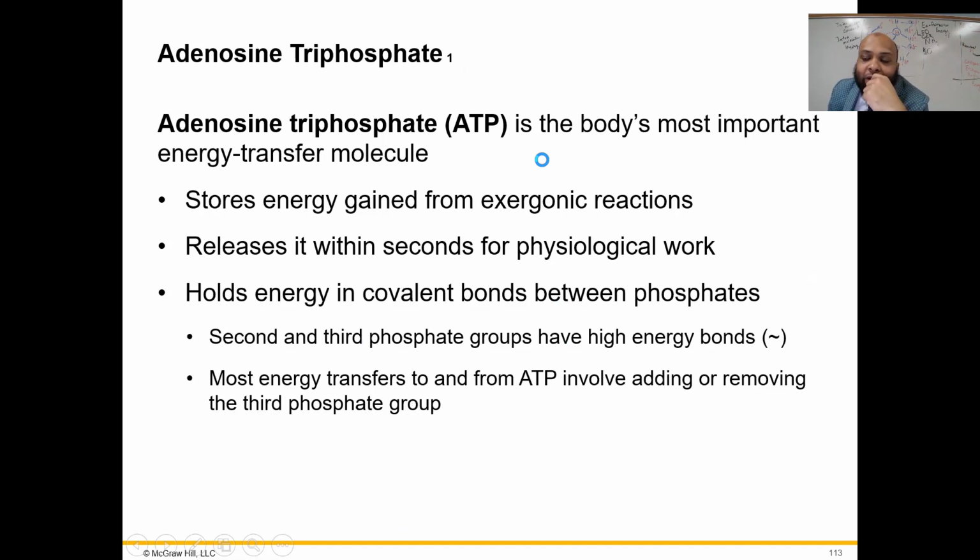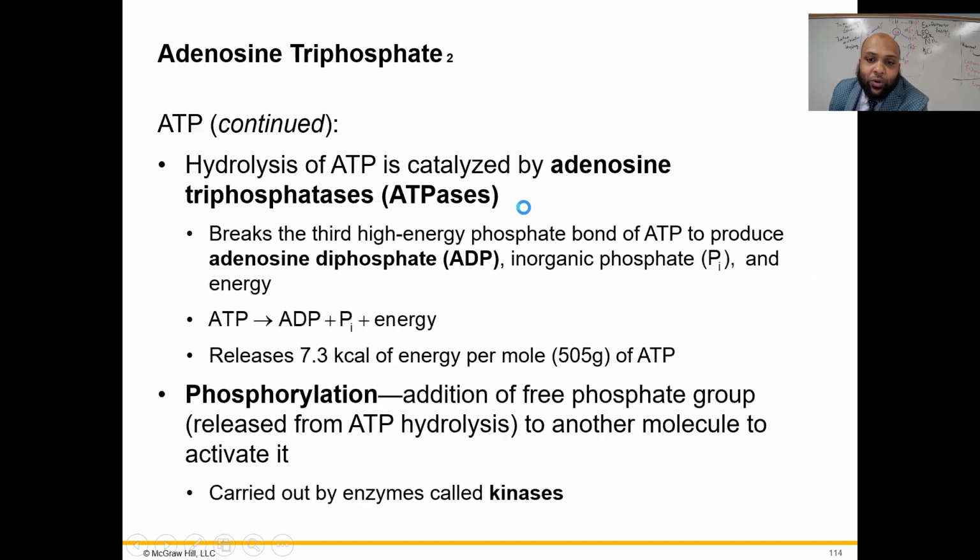So adenosine triphosphate is the body's most important energy transfer molecule. ATP is important because it provides the phosphate group for kinases. Kinases perform the activation of other enzymes by phosphorylating them, adding a phosphate group to them. Where did they get it from? From ATP.